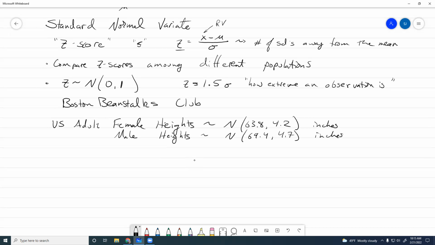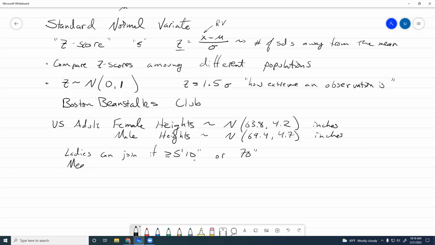And then the rule for this club was that ladies can join if they are 5'10" or taller, which is 70 inches.